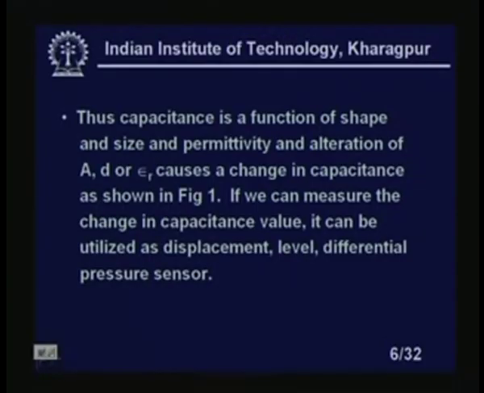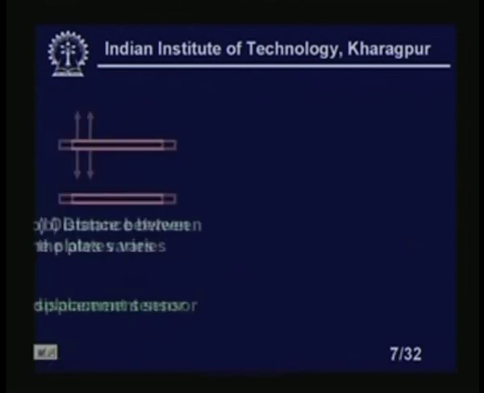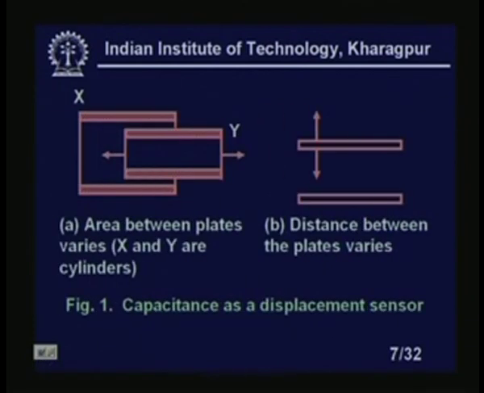So if you measure this capacitance value either with a bridge or in some LCR meter, that change can be utilized to make displacement sensors, pressure pickups and level gauges. So these are the three basic applications of the capacitive transducer. If we can measure the change in capacitance value, it can be utilized as a displacement, level and differential pressure sensor. This actually I want to tell. Now, here you see there are various types of capacitance we have shown.